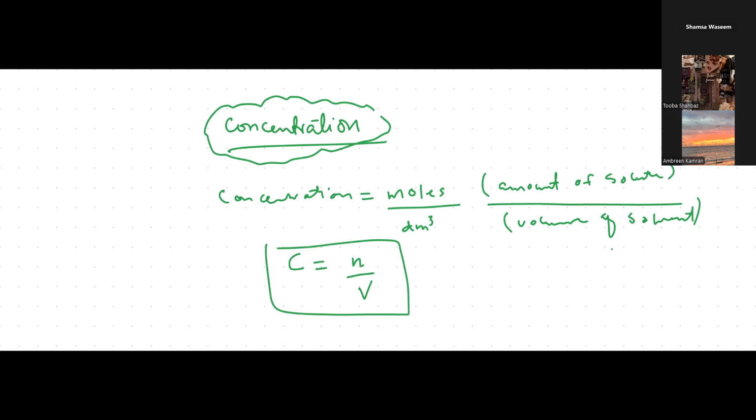That is the amount of solute in grams per unit volume, in a decimeter cube. So the units for concentration are mole per decimeter cube, which is one unit for measuring concentration, and another unit is gram per decimeter cube.